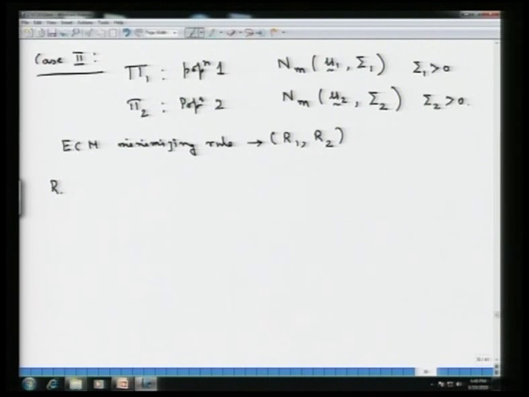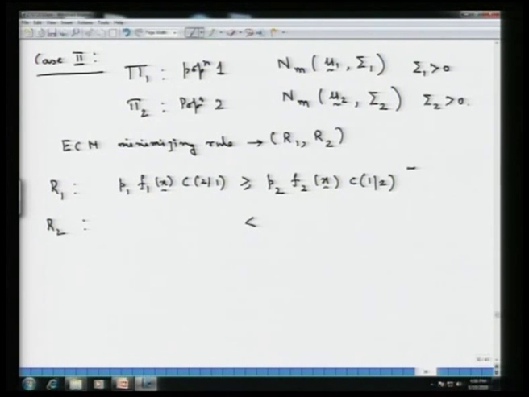In the general setup, without assuming anything on the cost structure, R1 is the region of the set of all x's such that P1 times f1 of x, times C2 given 1, is greater than or equal to the corresponding term for the second population, P2 f2 of x times C1 given 2. And in R2 we will have this to be less than this particular term. Since we have a continuous distribution, it does not matter which side we look at the equality. So, we have this as the classification rule.